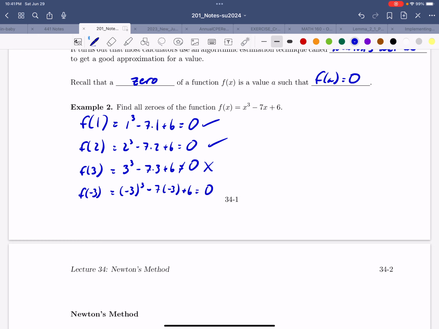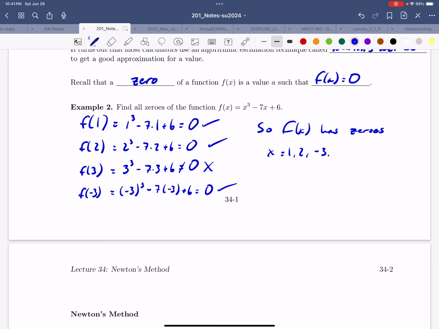Oh, look, that does equal 0. Yes. So in this case, f of x has zeros x equals 1, 2, and negative 3.